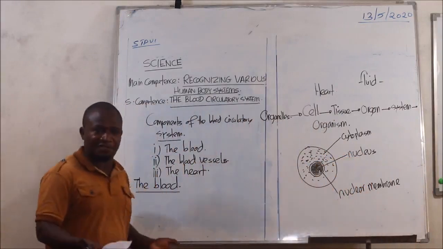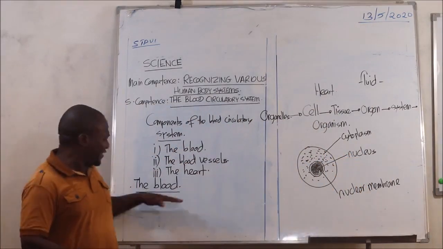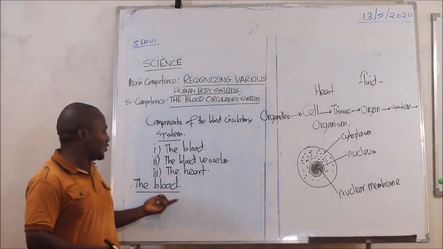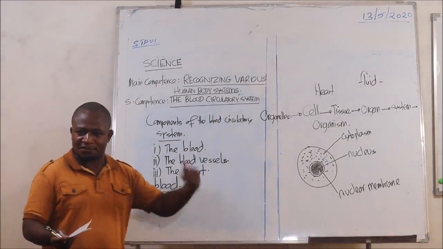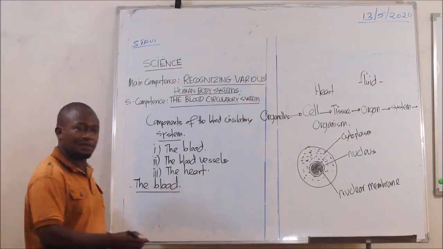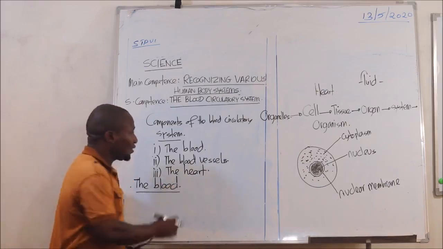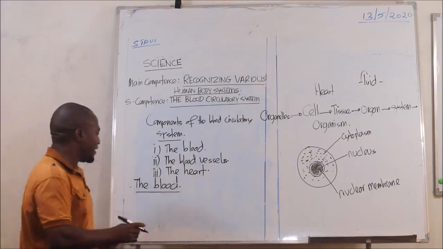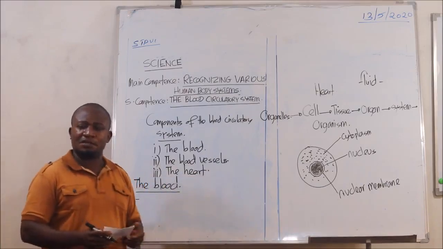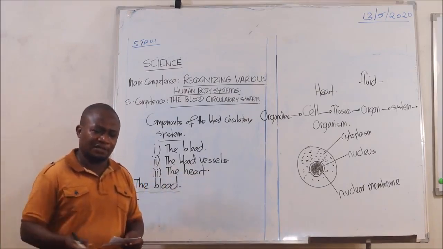Gases are also fluids. So in this perspective, when I say blood is a fluid tissue, it means it is a liquid, so it flows. Liquids have a tendency of flowing. I hope this is understood. It is a red fluid tissue which flows all around the body. It circulates in the body.